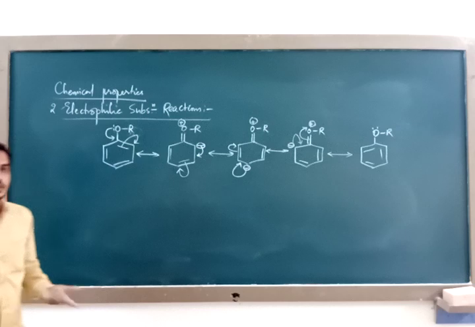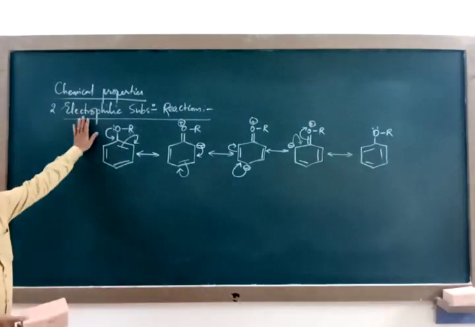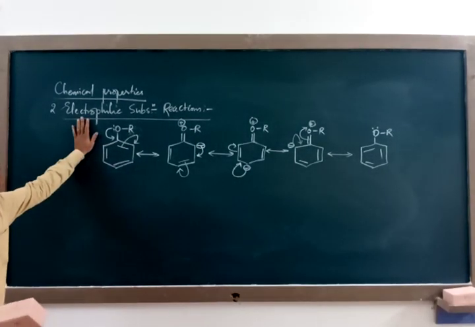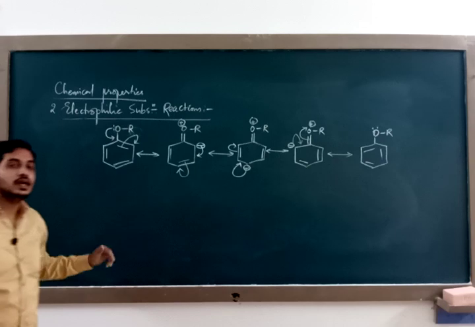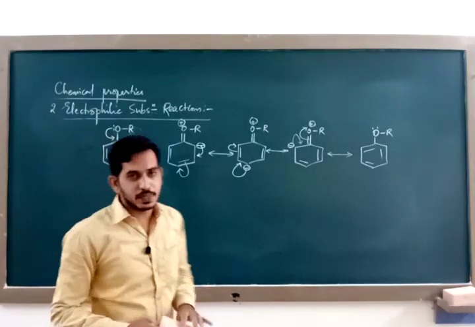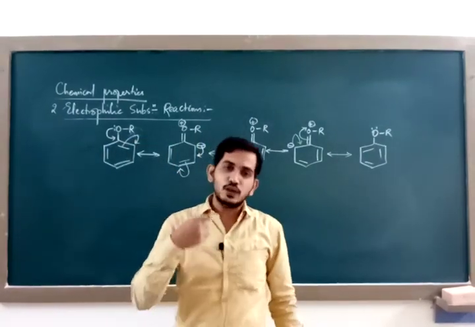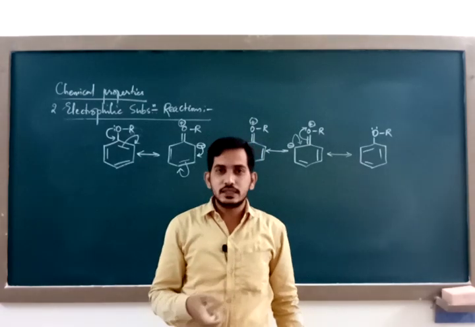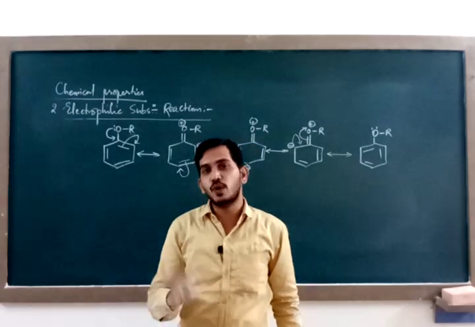Now why did I write resonance structures? You know what an electrophile is? An electrophile is the one which accepts electrons. It accepts electrons because it is an electron deficient species, and it likes to attack those places which are rich in electrons or where there are more electrons.